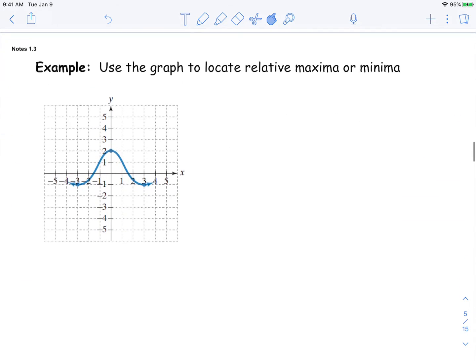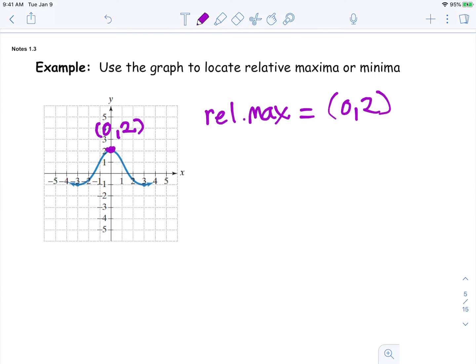So let's go ahead and do this example. Here is our relative maximum at the ordered pair over 0, up 2. And then our relative min, there's two of them, at over 3, down 1, and left 3, down 1.